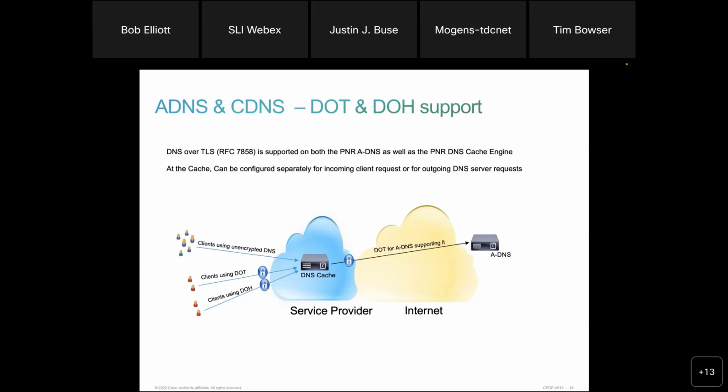I think there's going to be more and more of this. There's a big push for DOT or DNS over TLS. Google is pushing it. Microsoft is pushing it. If your OS is Windows 11, you can now go in and configure DNS to use DOT or DNS over TLS.